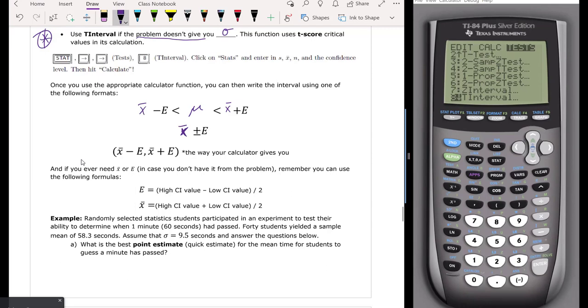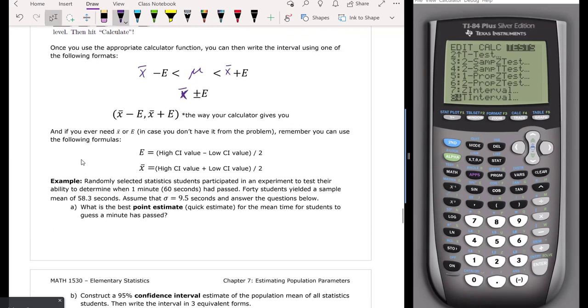There are many different ways to do that. And then this way with the parentheses is usually the way the calculator gives you. There's also the formula for E again, in case you need a refresher from last time. That's an easy way to calculate the E, but of course, there are other ways as well, like we discussed in class.